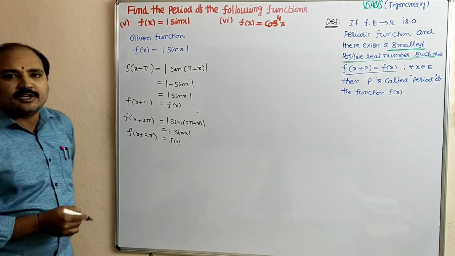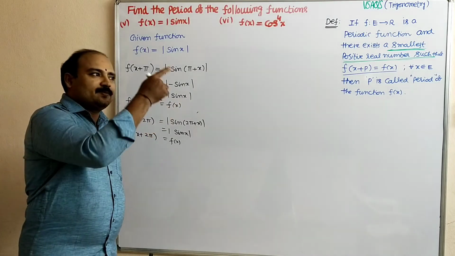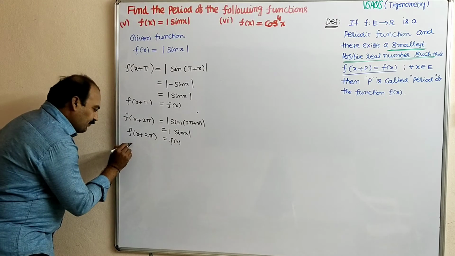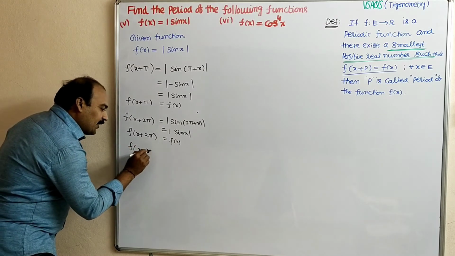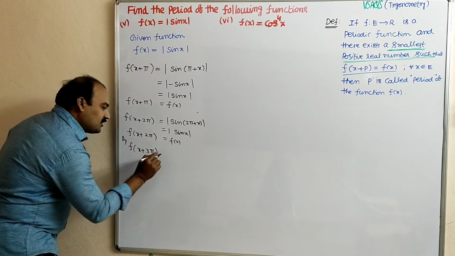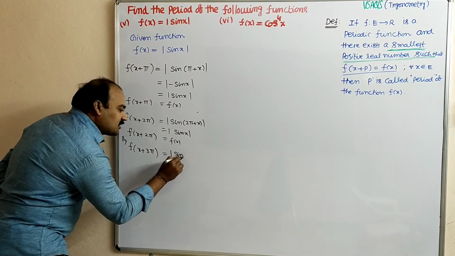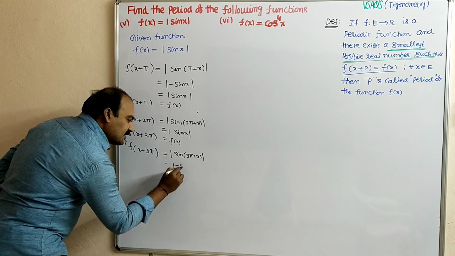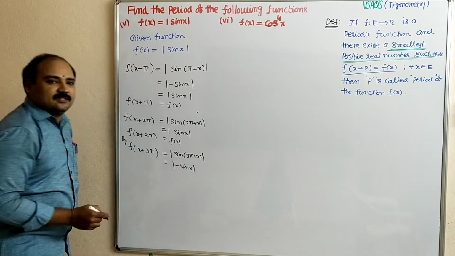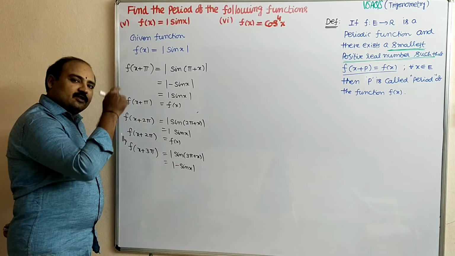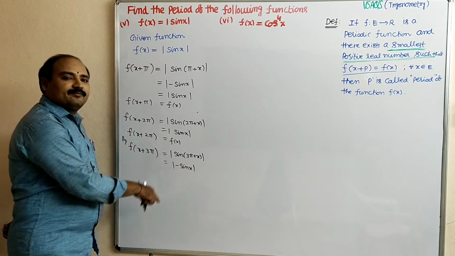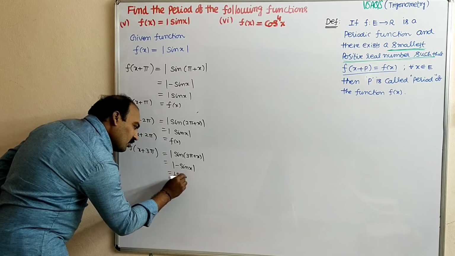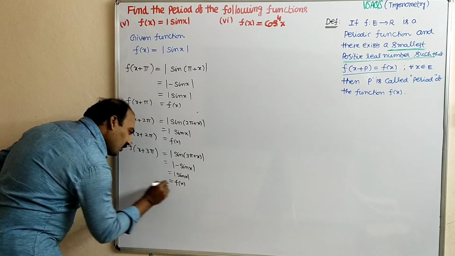Similarly, take f of x plus 3 pi, which is mod sin of 3 pi plus x. 3 pi plus x is the third quadrant again, so we get minus sin x, and mod minus sin x is sin x, which is also f of x.